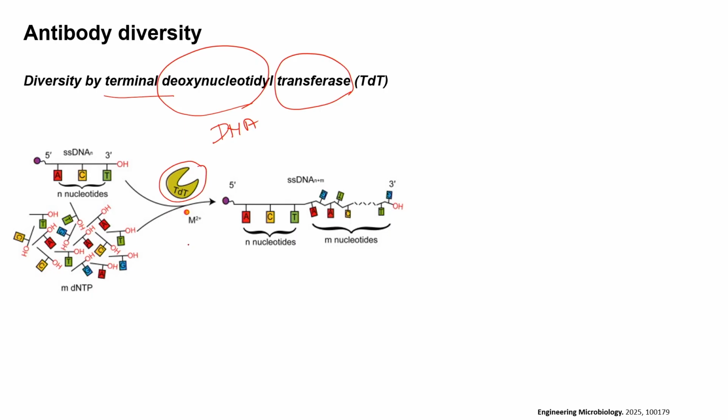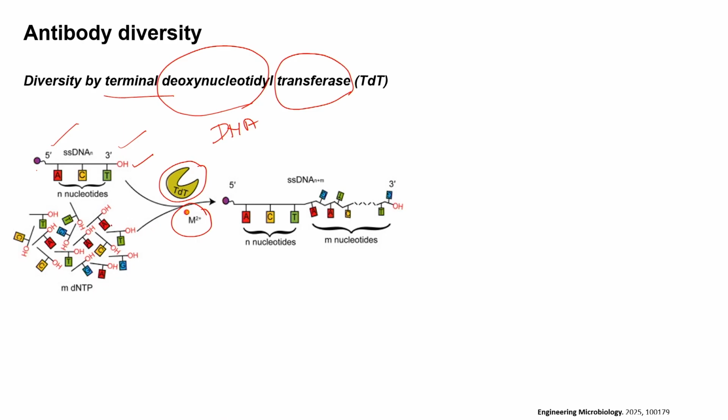So this is an enzyme. This is just a cartoon of this enzyme, and we can see a small single-stranded DNA with 3 nucleotides here, A, C, and T. At the 3' end we have a hydroxyl group, and at the 5' end a phosphate group. Now, terminal deoxynucleotidyl transferase will add a very specific moiety at the 3' end of the growing chain of DNA, with the help of divalent metal ions. Divalent metal ions can be a cofactor for this whole process, and these are all nucleotides which are there.